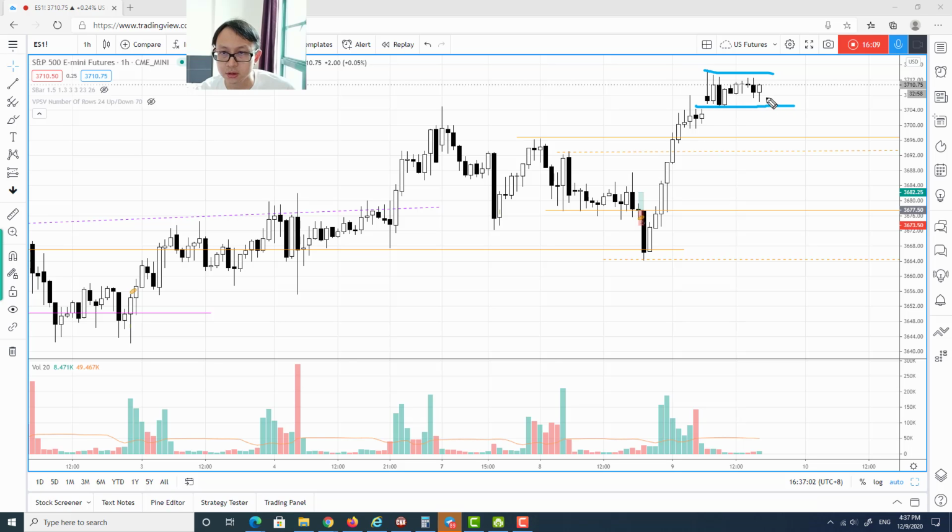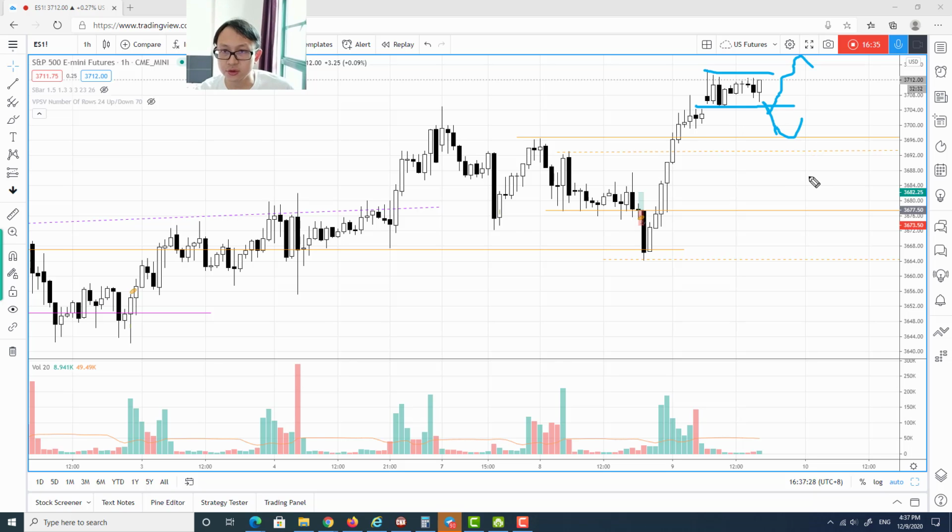Maybe it can have a spring, a false breakout, and then reverse to continue the trend up, or maybe it can retrace further down to test the support level about 3696 or 3697 and reverse right there. So we just need to see the price action and act accordingly.